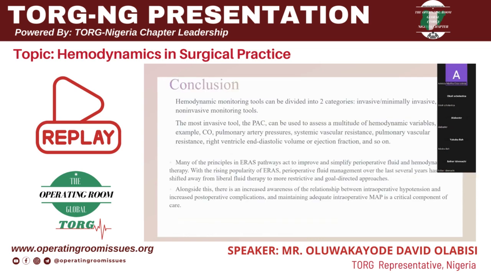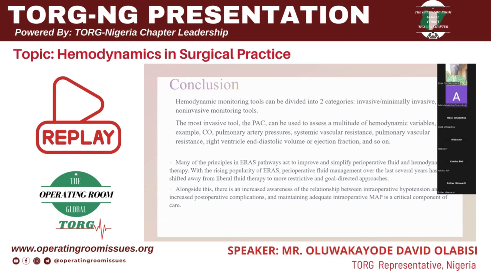In conclusion, hemodynamic monitoring tools can be divided into two categories: invasive and non-invasive monitoring tools. The most invasive tool, the pulmonary arterial catheter, can be used to assess a multitude of hemodynamic variables.